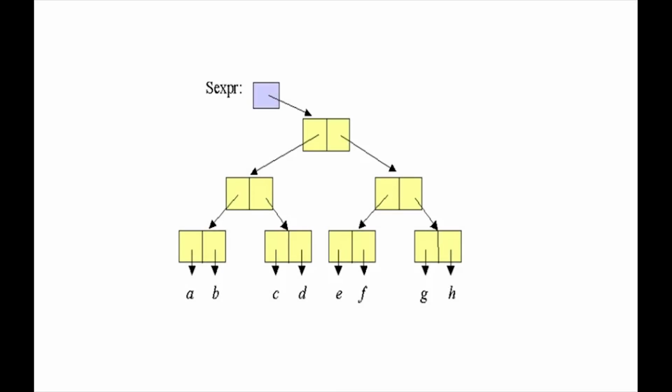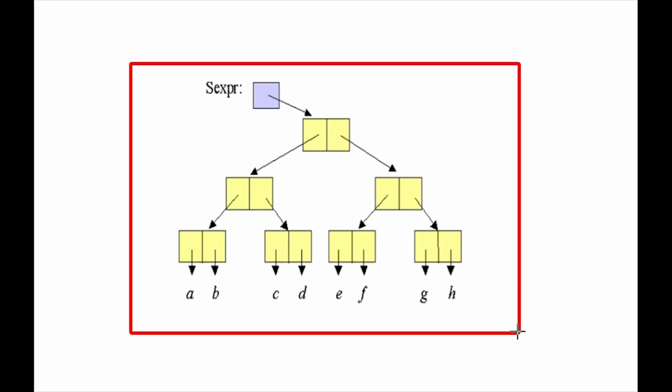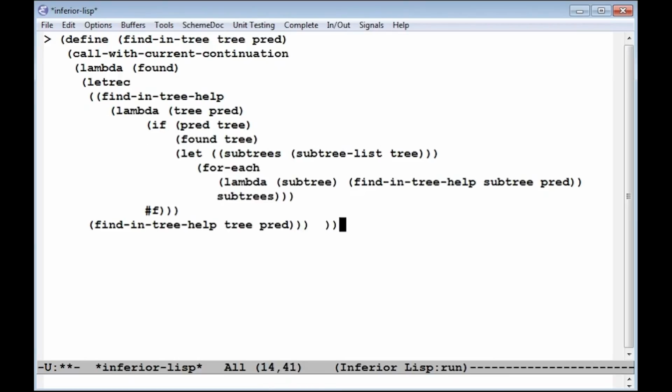Now let us program a function that looks for a given subtree in this tree, which is a tree represented by an S expression, a tree that we have seen in one of the earlier lectures about S expressions. The function that we will program is here. It is called findInTree.